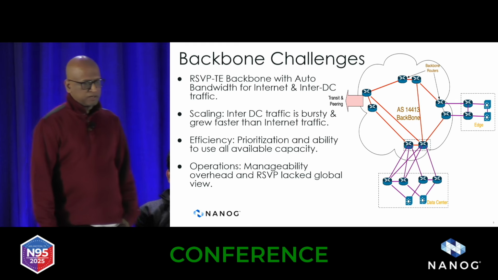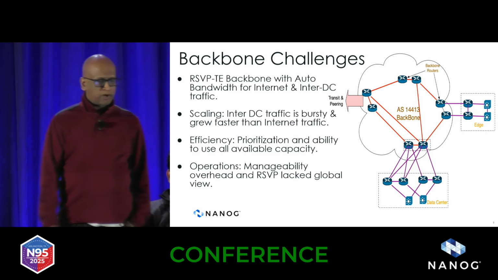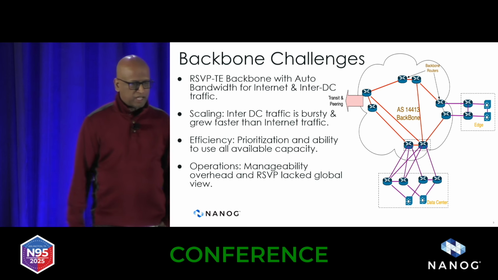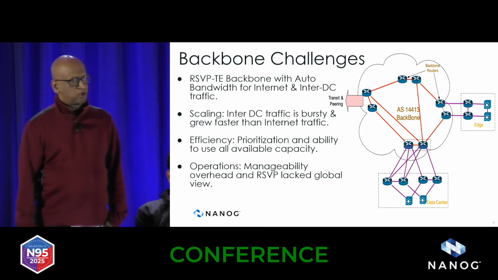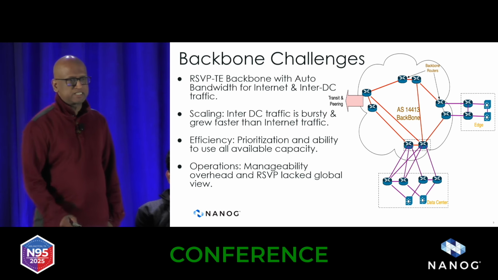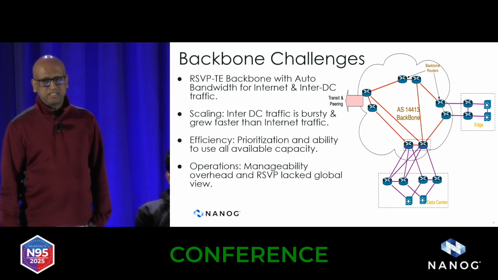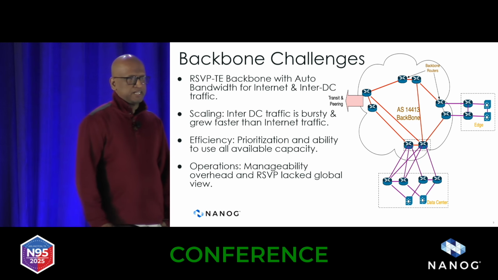We also had an issue with efficiency. We were not able to prioritize or use all available capacity. What does that mean? The same backbone is used for different types of traffic. Some inter-DC traffic is optimized for latency and packet loss, which means it needs to go from DC to DC on the shortest path without any packet loss.